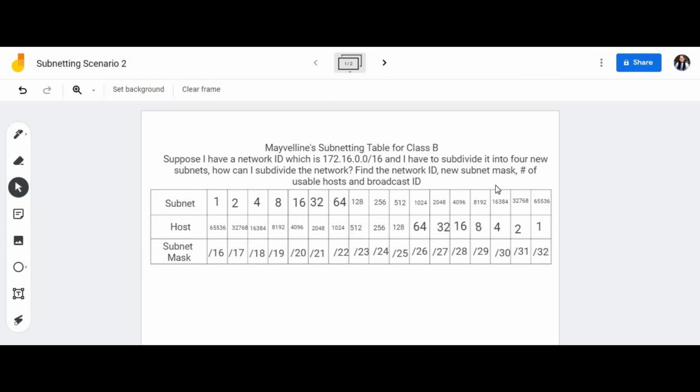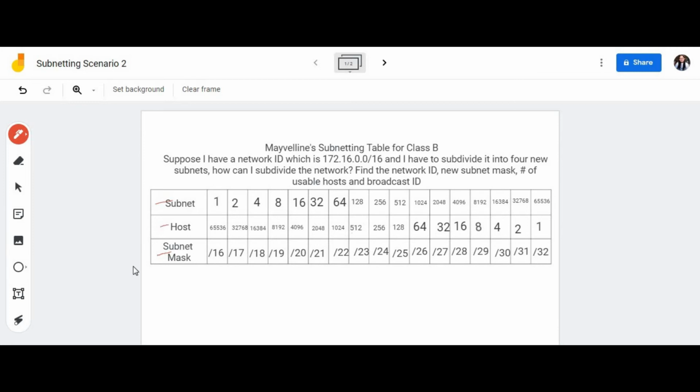Basically, it's just the same scenario. The main difference is that we are dealing with another class. So right now we have another table. As you can see, the numbers are getting huge, but don't be afraid. This is still the same, and it's still simple math. If you have listened to my discussion earlier, probably you know about the subnet column, the host column, and the subnet mask.